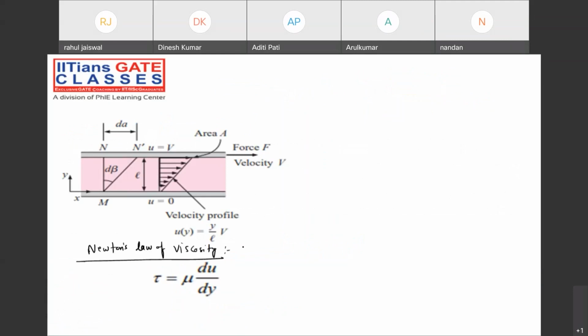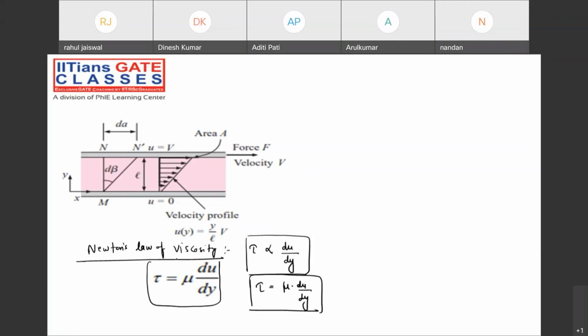According to Newton's law of viscosity, the shear stress is directly proportional to the velocity gradient. When I remove the proportionality, I get one constant, tau = mu du by dy, and that constant is called dynamic viscosity. Note down. That particular constant is called dynamic viscosity.